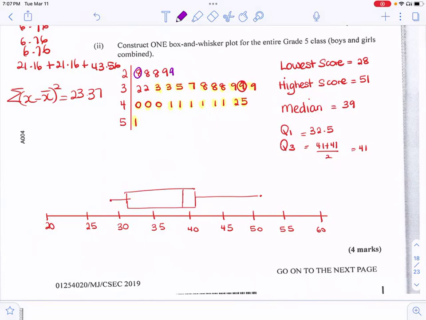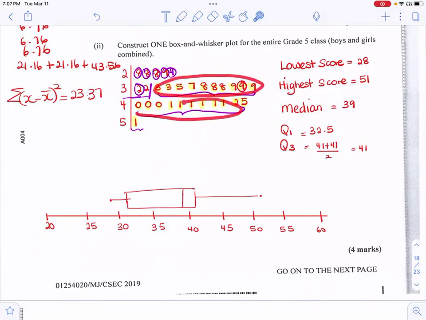So this would be 1, 2, 3, 4, 5, 6. But still, Shazad, it is 32. Both numbers are 32. So all these persons here would have scored a mark more than 32, so we can't count them. It had to be 29 minus 7, because there's no way we could include that value of 32. Okay, miss, I understand.